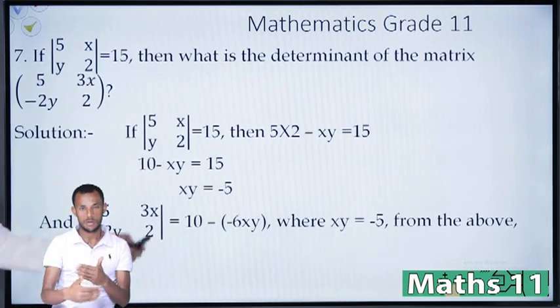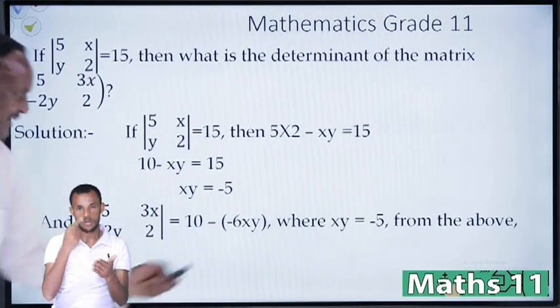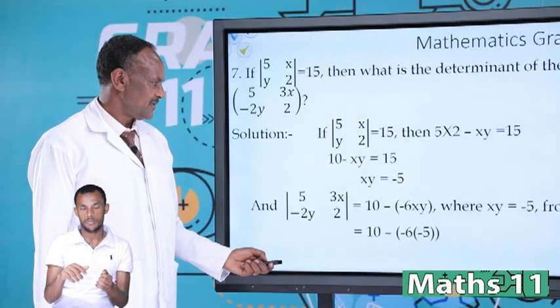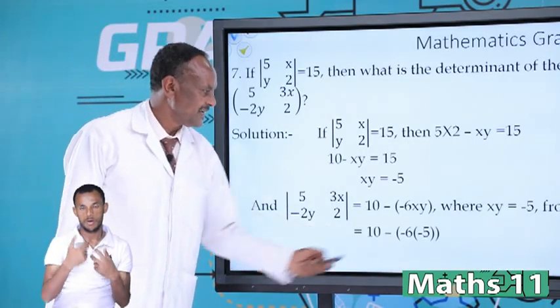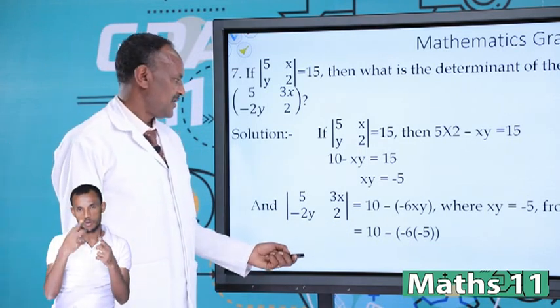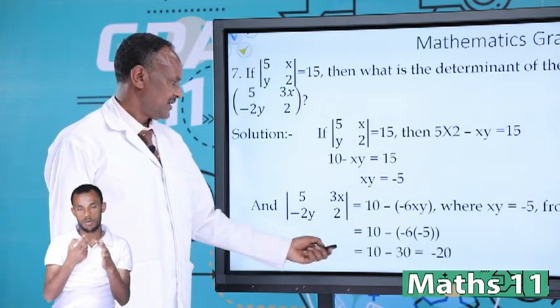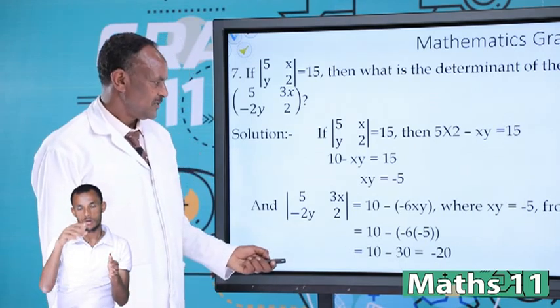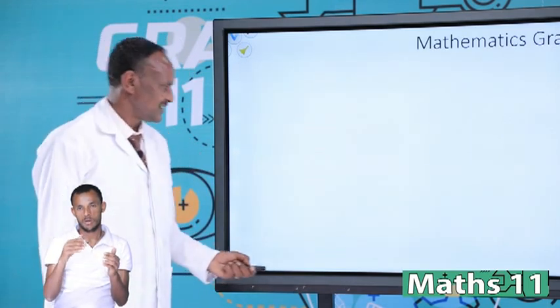Then, what is the determinant of this one? Go step by step. You have minus minus, which gives a positive value. You have 10 minus negative 30, giving negative 22 as the answer for that question.